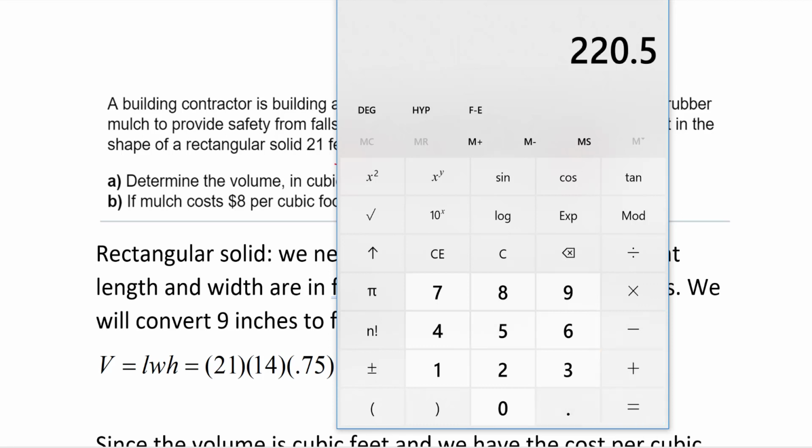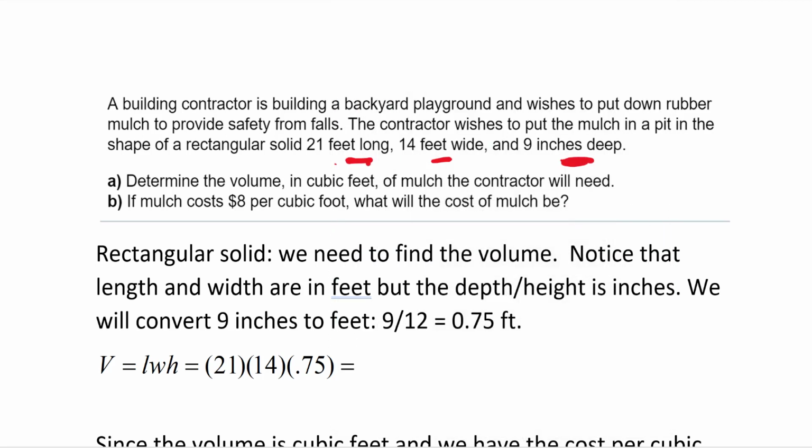And I get 220.5. Apologize for my pen. It's not working very well. And this is going to be feet cubed.